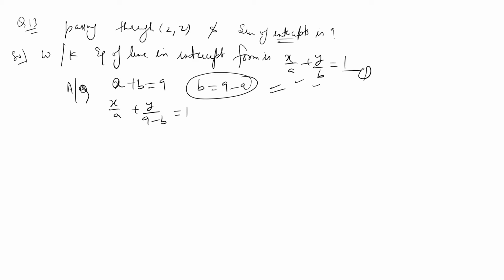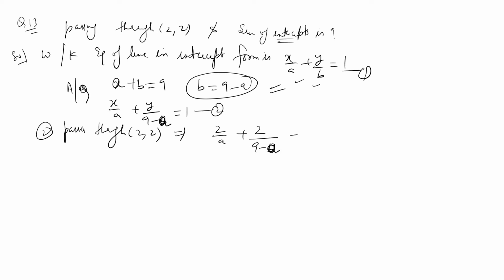Moreover, I am given that this equation number 2 passes through the point (2, 2). That means this point satisfies this equation. So this implies 2 upon a plus 2 upon 9 minus a is equal to 1. Let us make it linear.